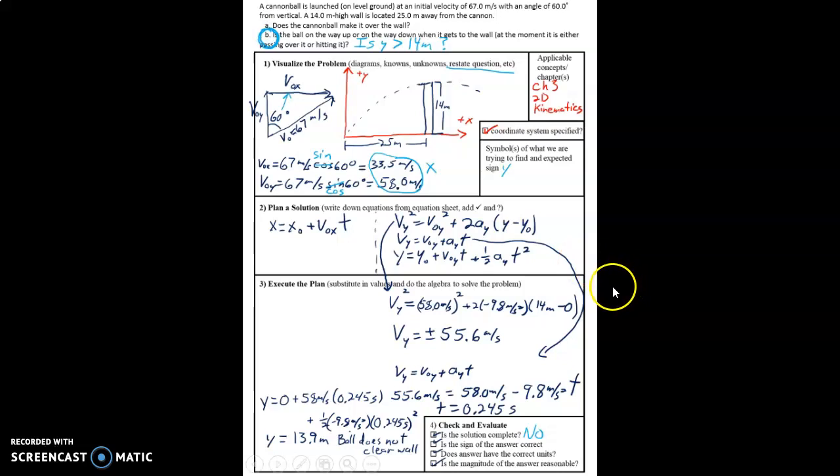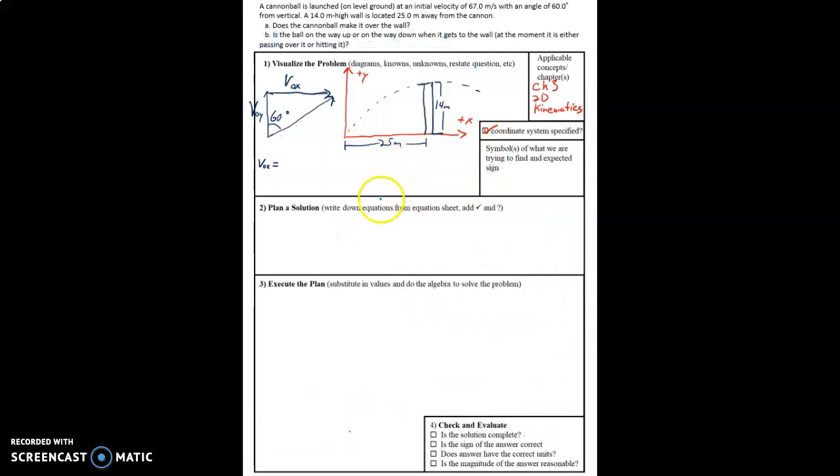So let's go ahead and redo this problem, and you have room in your packet, a fresh problem-solving template on which you can do this. Let's go ahead and fill this in correctly. We've got 67 meters per second sine of 60 degrees, and that is 58 meters per second, actually 58.0.